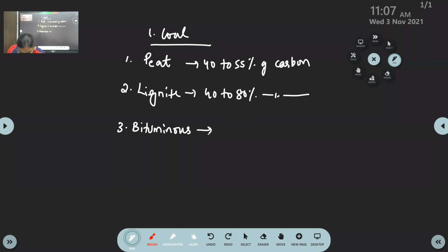So calorific value is more due to the high proportion of carbon, that is 80 to 95% of carbon. And it is used in production of coke and gas.